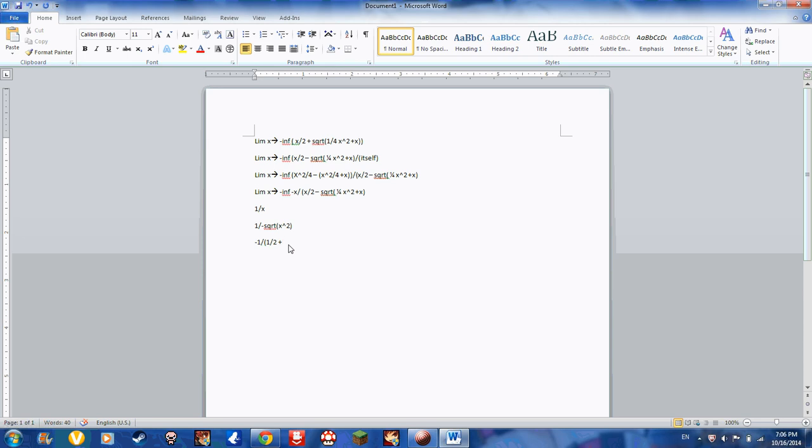And of course, within the square root, that would be the square root of 1/4 plus 1/4. Of course, the limit is always there, and I'll just copy paste that to be convenient.